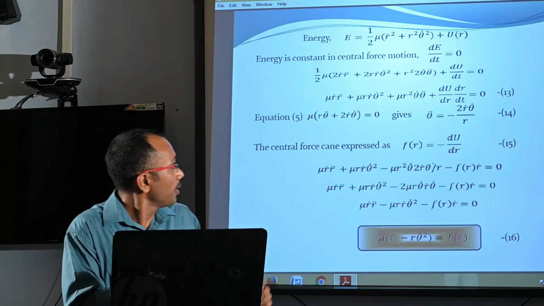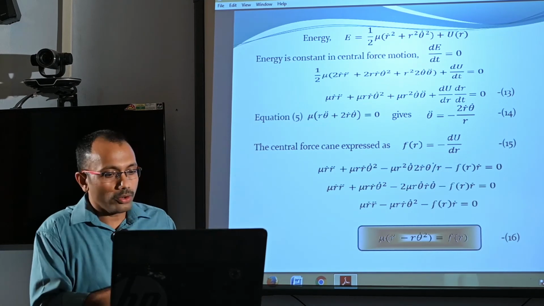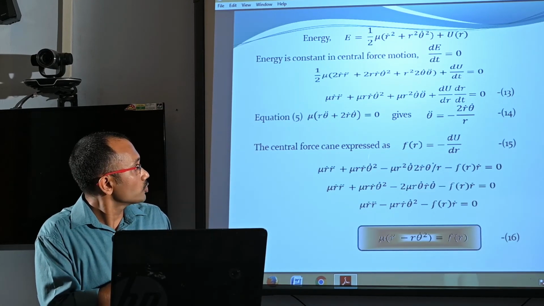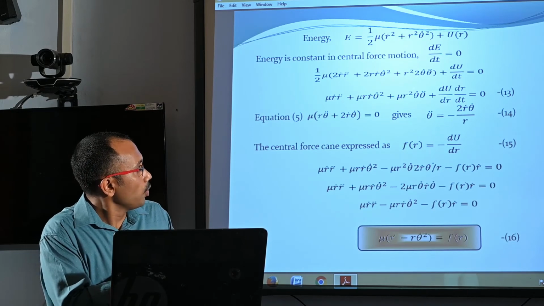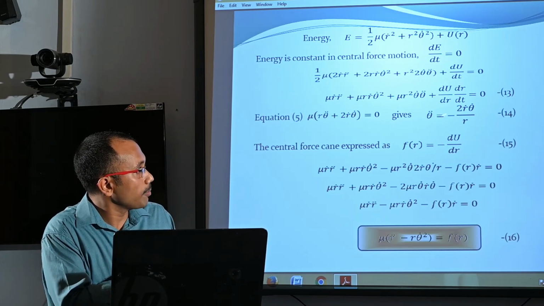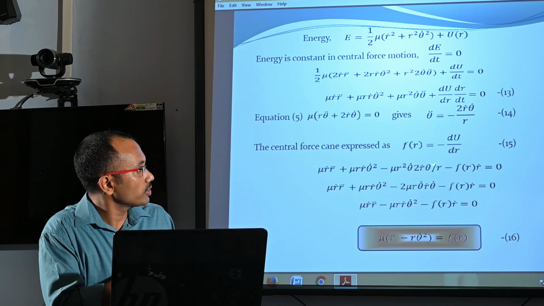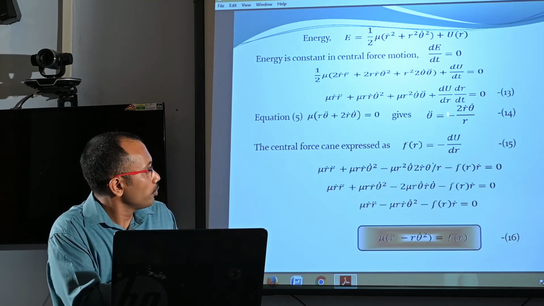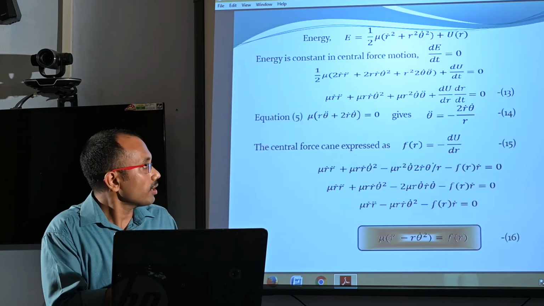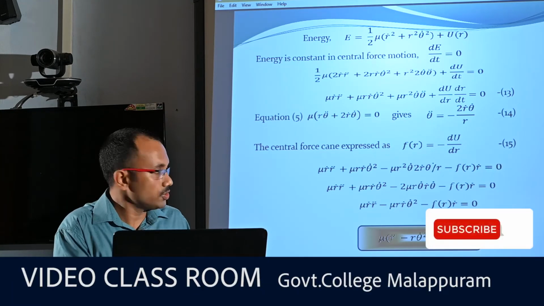So, I can write mu r dot r double dot plus mu r dot square theta dot square plus mu r square theta dot, where instead of theta double dot I am writing minus 2 r dot theta dot by r, and instead of du by dr we are writing minus f of r r dot, equal to 0.